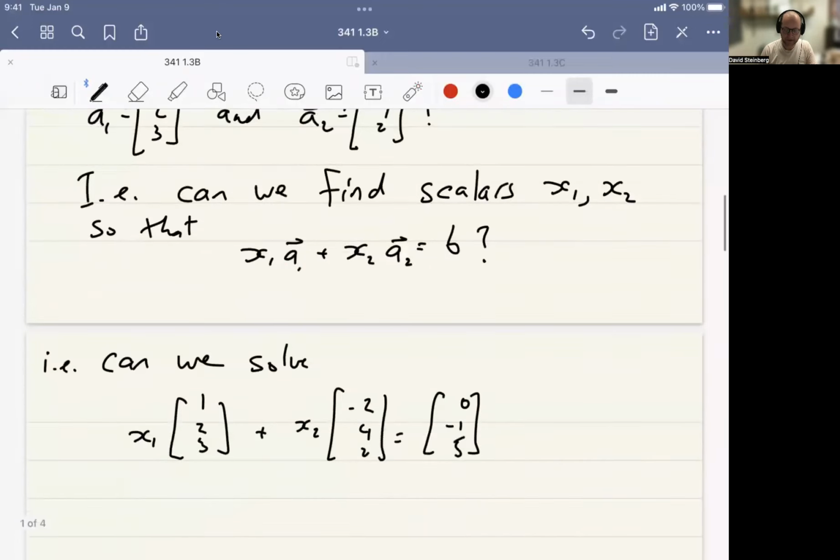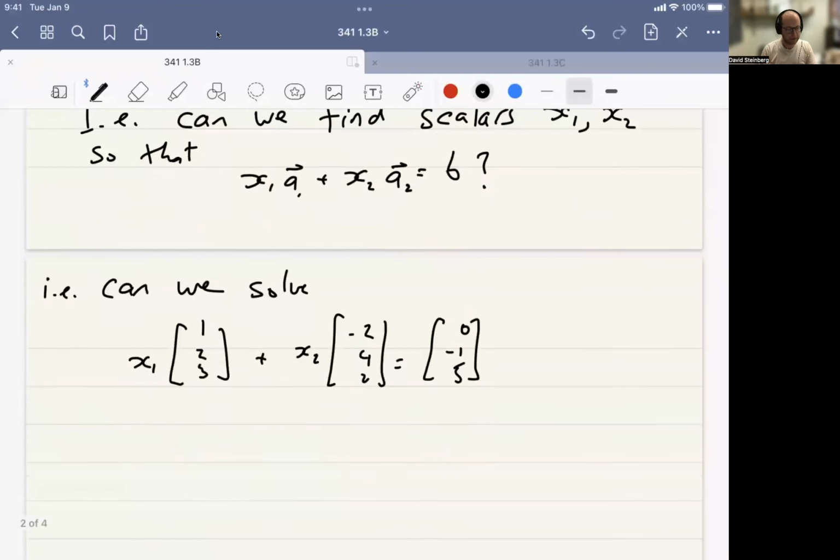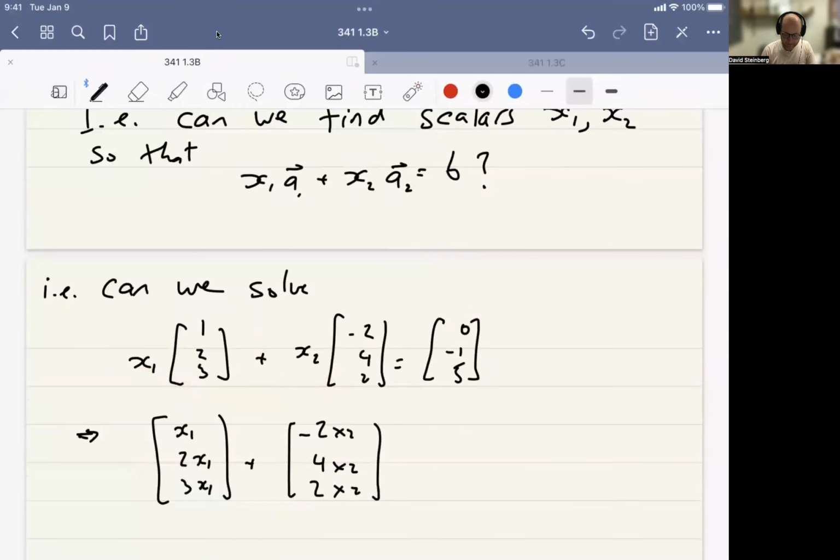Let's keep on trying to make this look more and more similar to something we've seen before. We know how to do scalar multiplication, so we can just multiply these scalars inside. We'll get (x1, 2x1, 3x1) as one vector, and the other vector is now (-2x2, 4x2, 2x2). b hasn't changed at all yet.